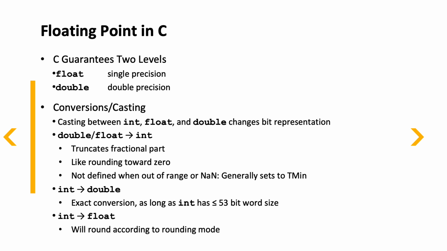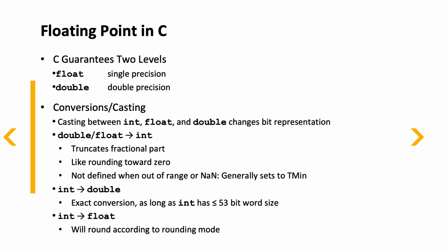Now, if we go from a double or a float to an int, we're going to truncate the fractional part. It's a lot like rounding towards 0. It's not defined when you're out of range or not a number. When we hit one of these undefined values, we're usually going to set it to t-min, the lowest possible 2's complement integer that our system supports.